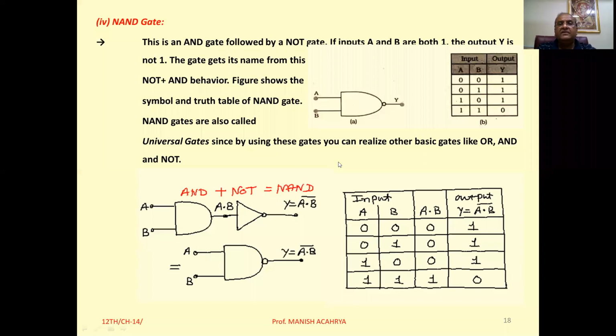Now NAND gate. Actually, the NAND gate is the combination of AND and NOT gate. When an AND gate is followed by a NOT gate, then the circuit prepared is called a NAND gate, that is exactly opposite to the AND gate. In the AND gate, when all the inputs are present, then and then only we get output.